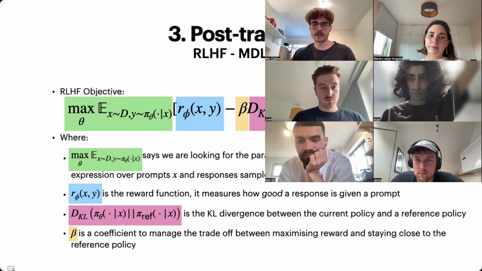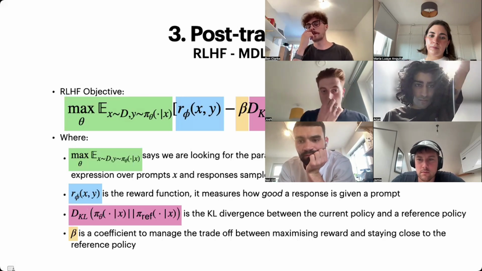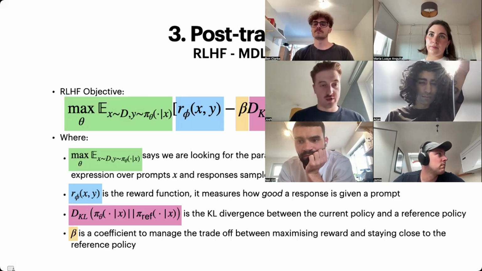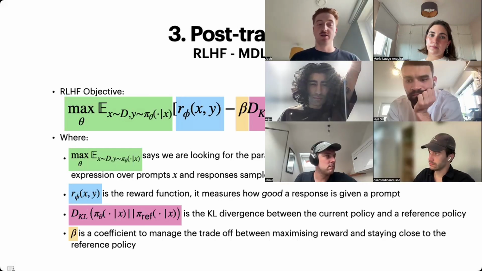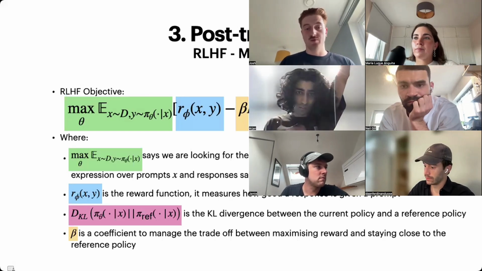Do you know what the current policy and reference policy are? The policy is the distribution of possible responses given a prompt text under the current parameters of the model.